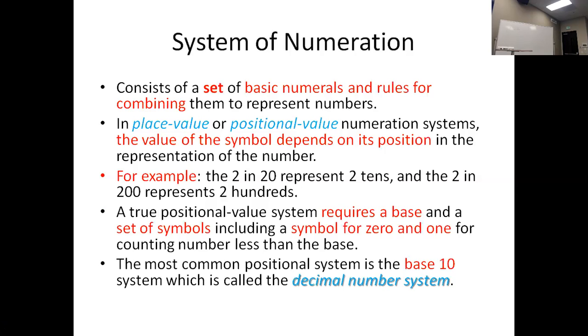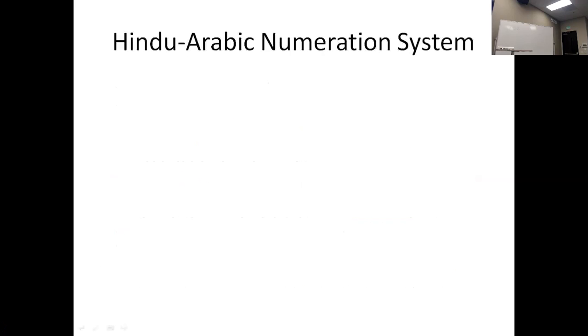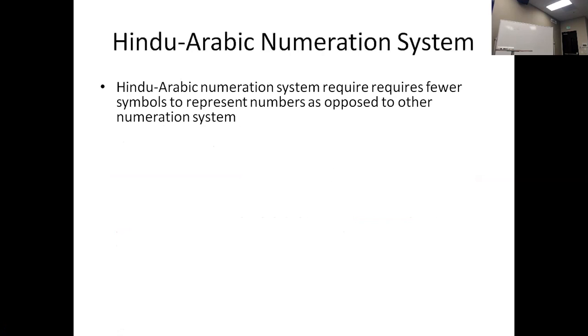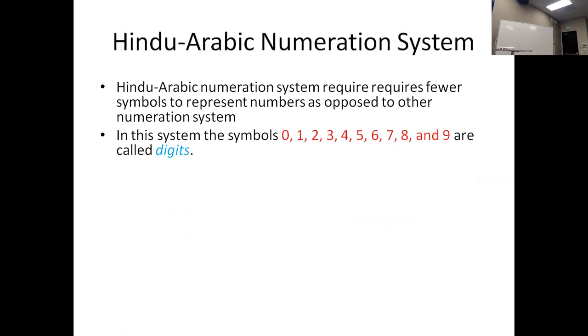The most common positional system, base 10, is also called the decimal number system. Hindu-Arabic numeration requires fewer symbols to present numbers as opposed to other numeration systems. As I said, from the digits 0 to 9 we can build all kinds of numbers.